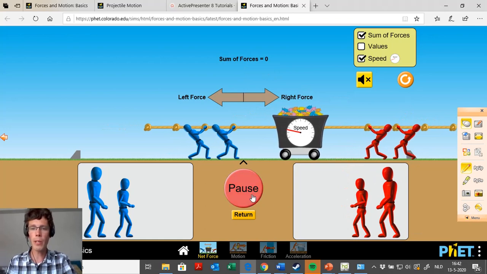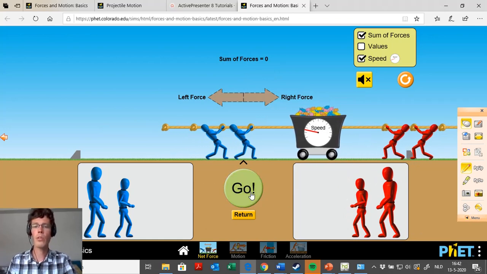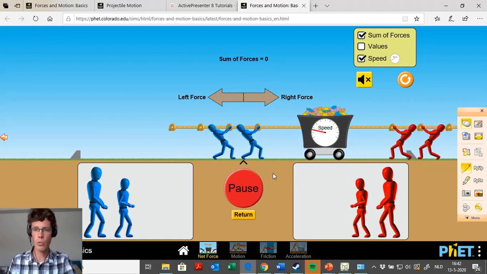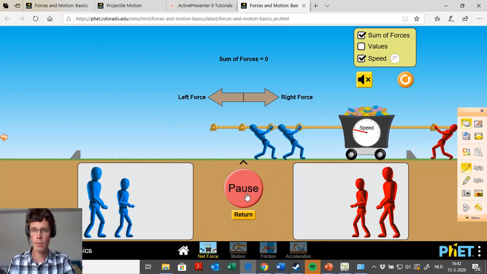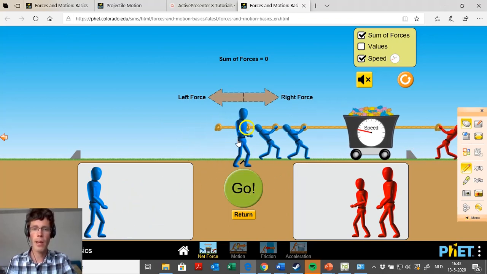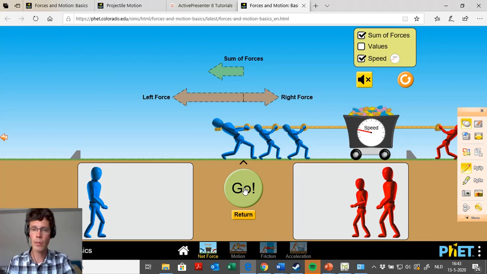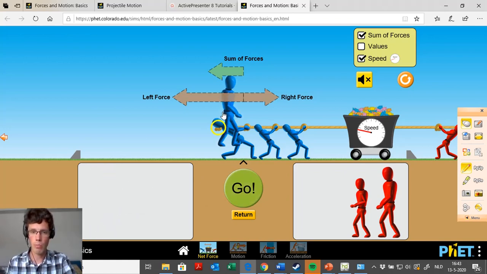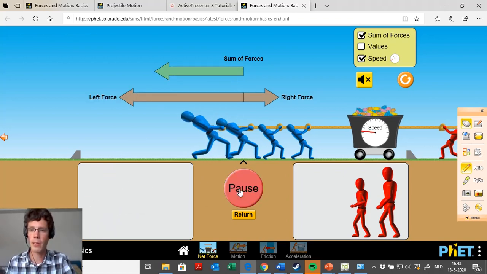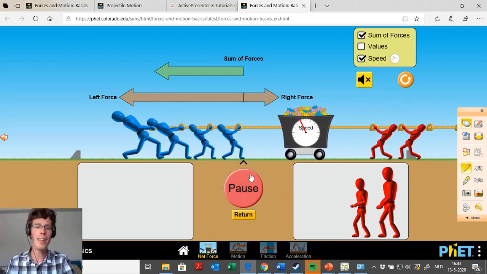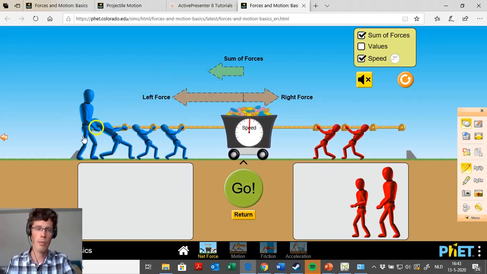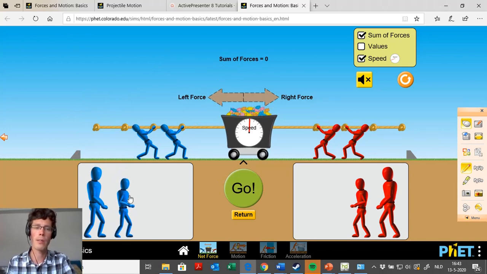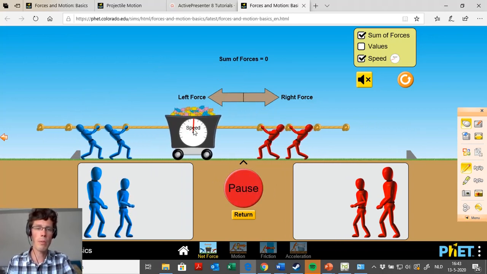But when I remove it again, the speed will remain constant to the right. And if I add another guy to the left, let's put 2 because I might be a bit late, then the speed is first reduced and then increased. And when I remove these 2 guys again, the speed remains constant.